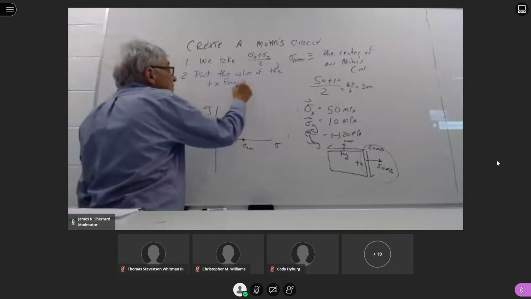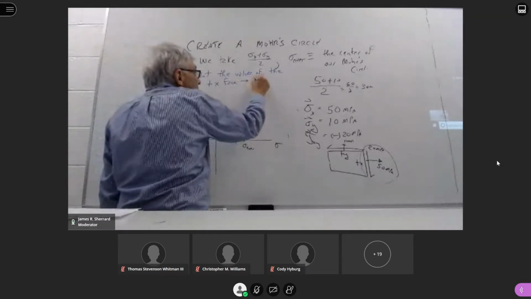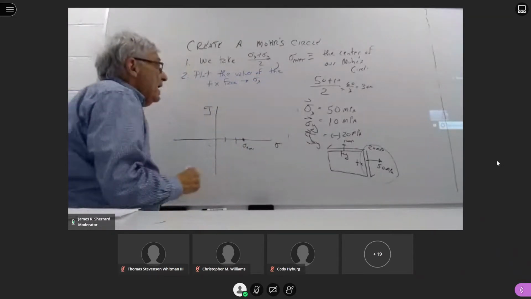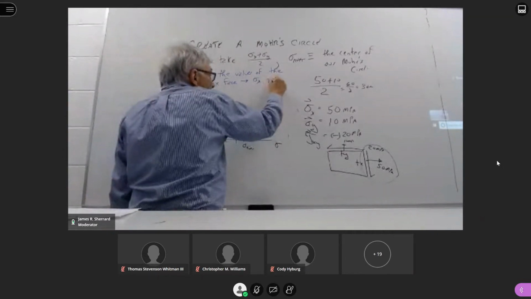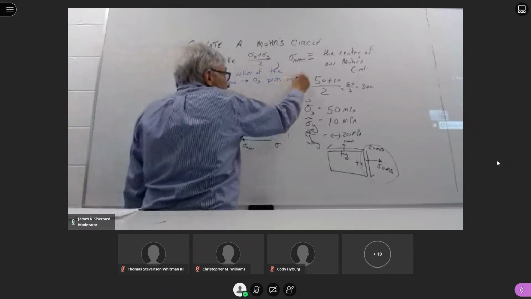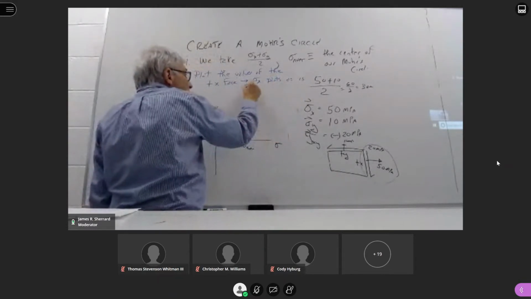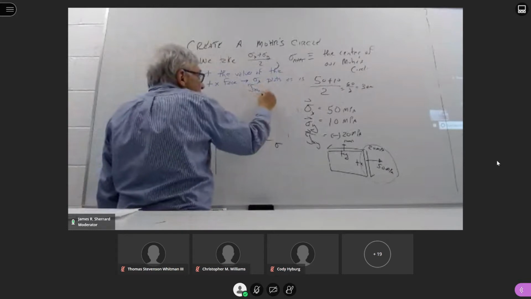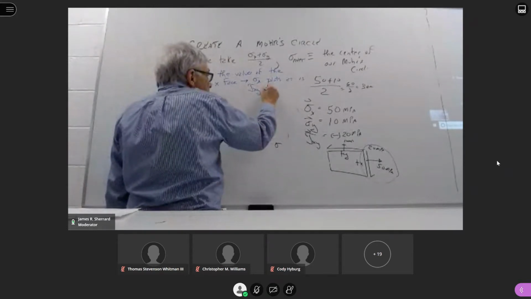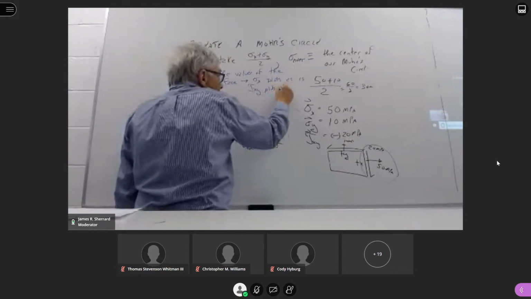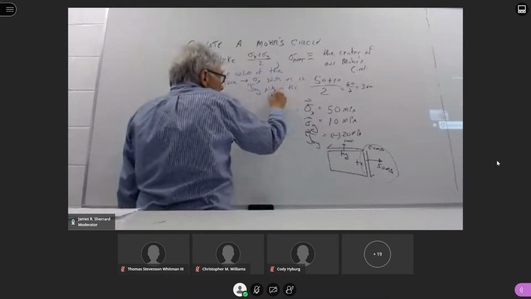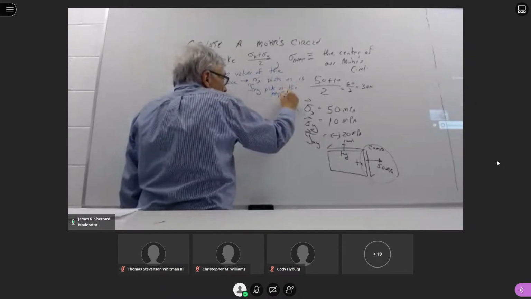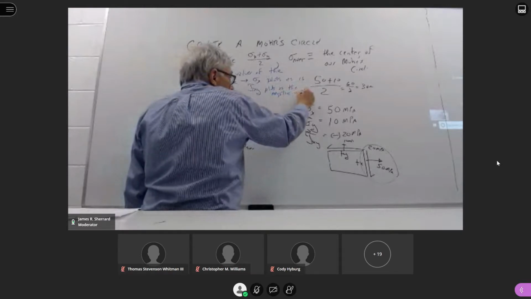When we do this, sigma X plots as is, tau XY plots as the negative value. Okay?